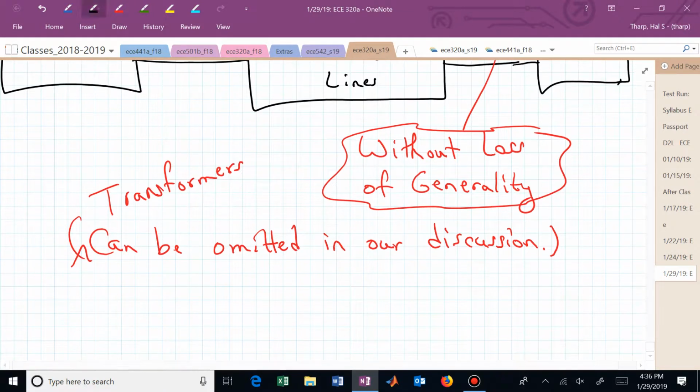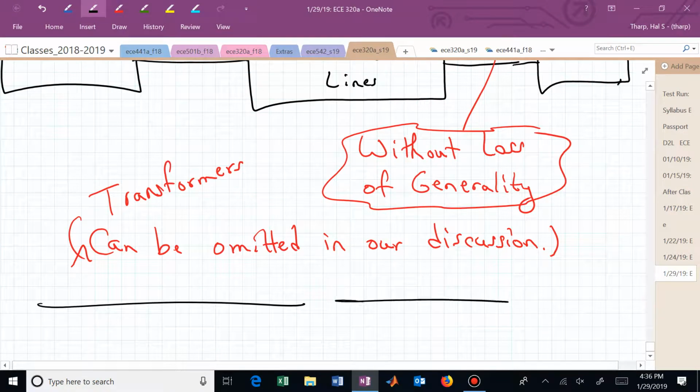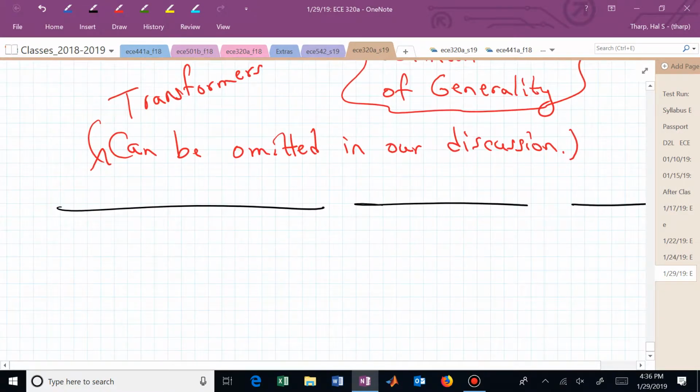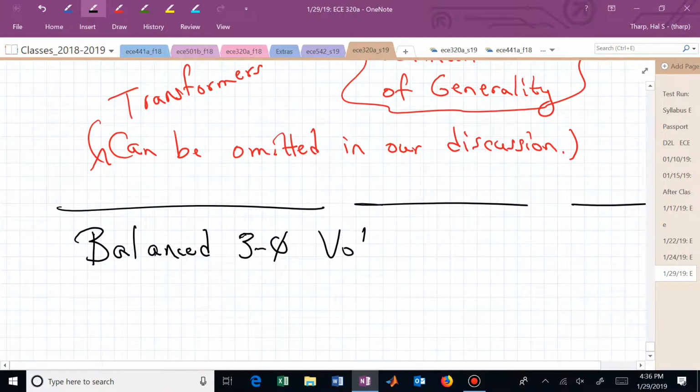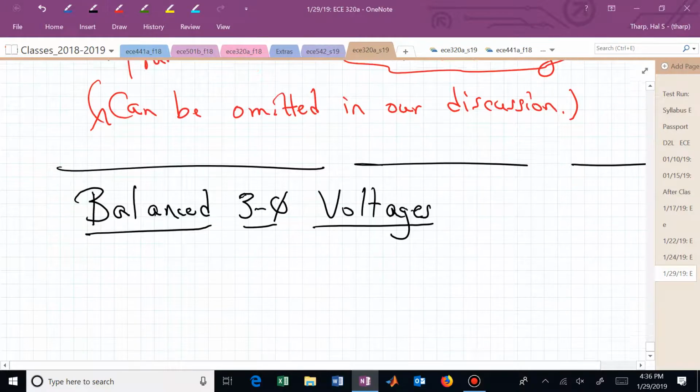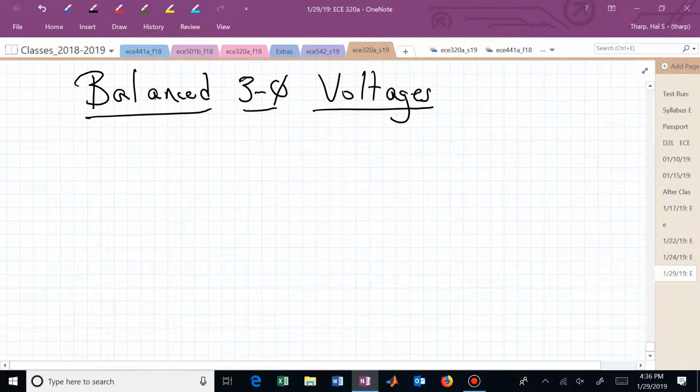Okay, so now let's look at some balanced three-phase voltages. Here's V sub A, and this is a phasor, so it's a bar.